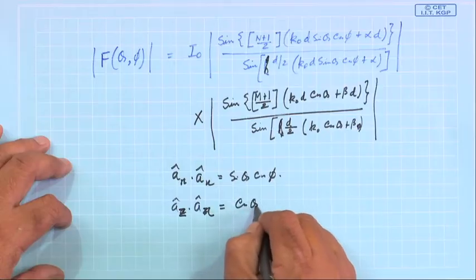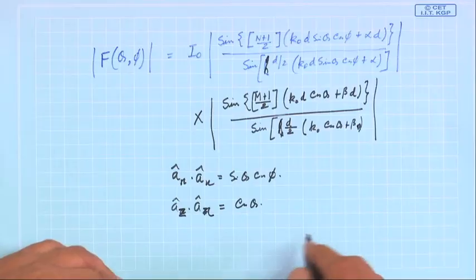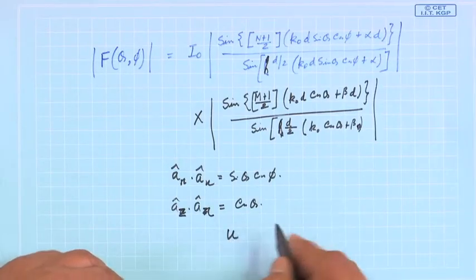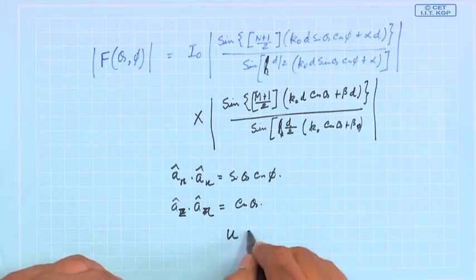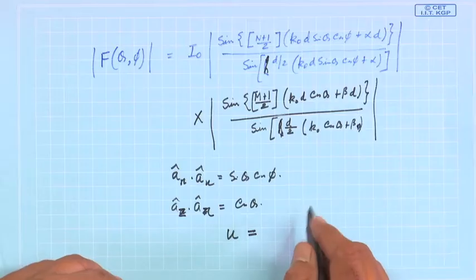Now, as before, we generally go to the u plane. So, here since it is two dimensional, we will introduce the two quantities u and v.